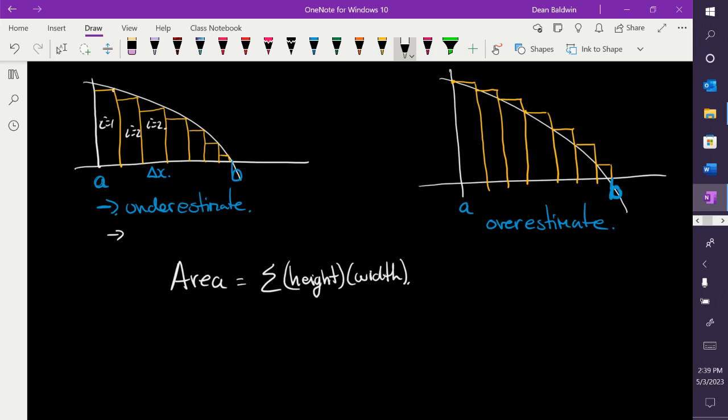This one, we're going to use our height is going to be that point right there because that's hitting the curve. So I call this right endpoint. And this one over here is going to be left endpoint because we're using the left side of the rectangle.